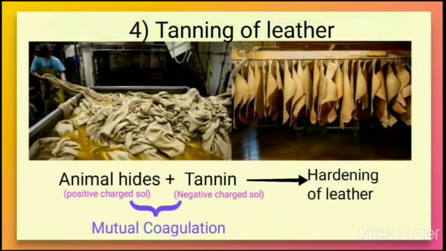Next is tanning of leather. Leather is made up of animal hides. Animal hides are colloidal in nature. When a hide, having positively charged particles, is soaked in tannin, which has negatively charged particles, both have opposite charges and both are sols.